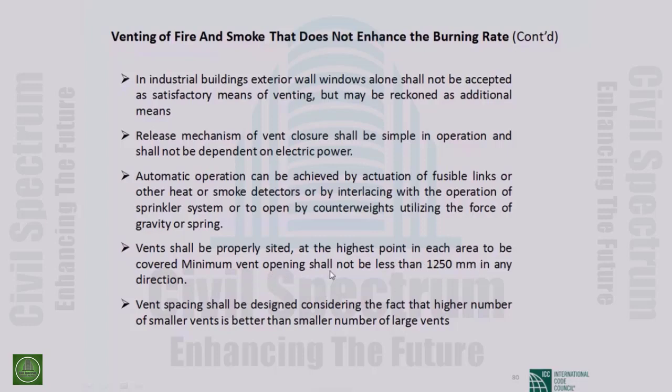Minimum vent opening shall not be less than 1.25 meters in any direction. So that is the minimum size. Vent spacing shall be designed considering that a higher number of smaller vents is better than a smaller number of large vents.